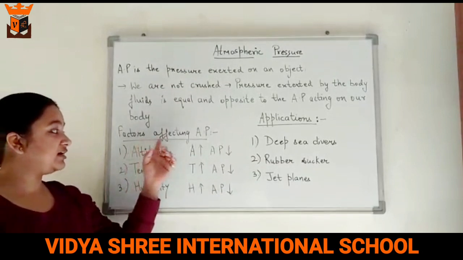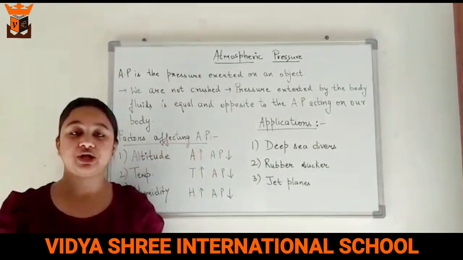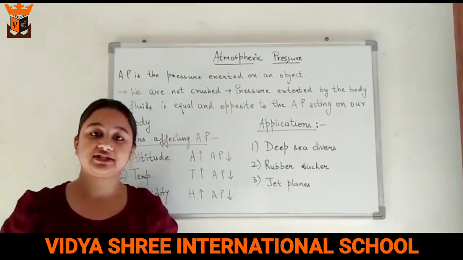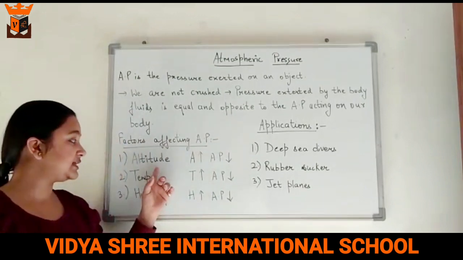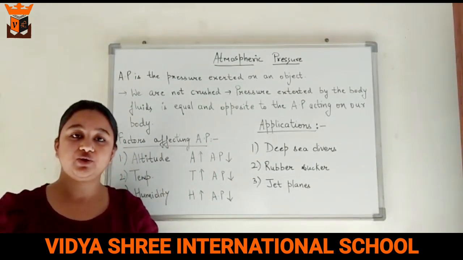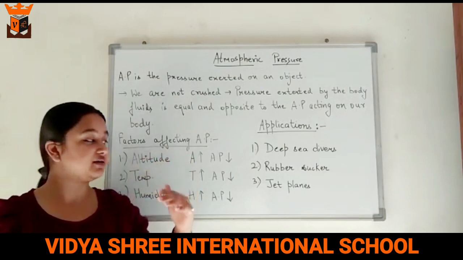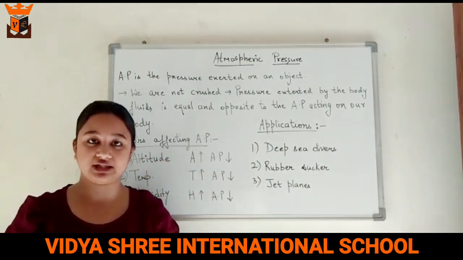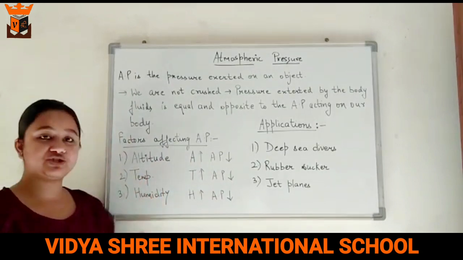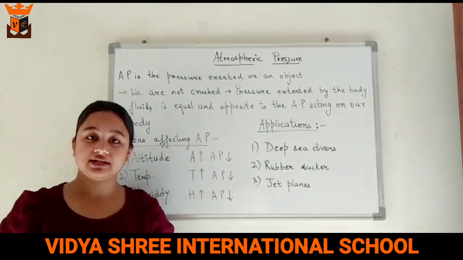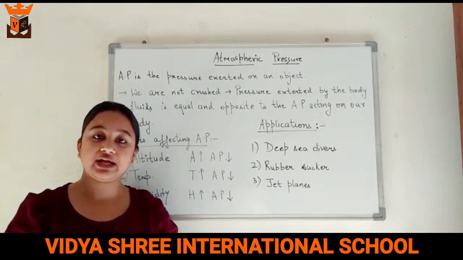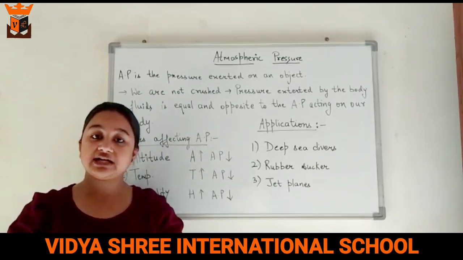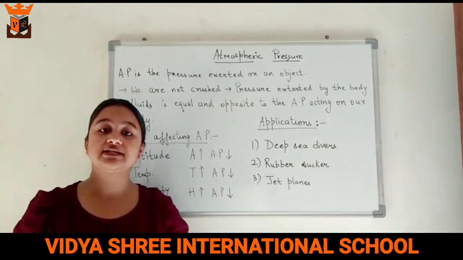Next comes the factors affecting atmospheric pressure. There are three factors which affect atmospheric pressure. First is altitude, that is height. As we move higher and higher, the atmospheric pressure decreases because the air is very thin there. Second is temperature. You have learned in grade 7 that when you heat the air, it expands, and as it expands, it becomes less dense.